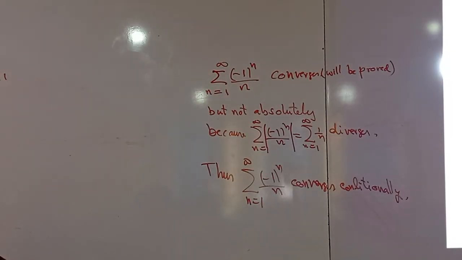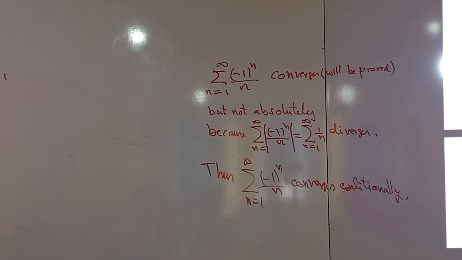We say that the series is absolutely convergent if and only if the series of absolute values converges. Absolute convergence test: let the sum of a_n be a formal series of real numbers.